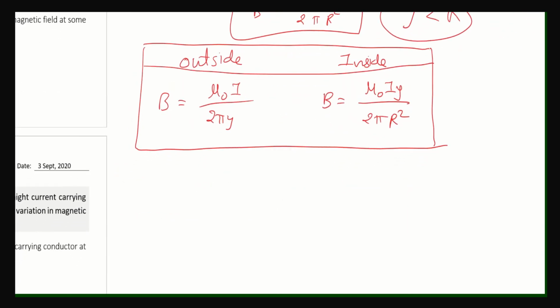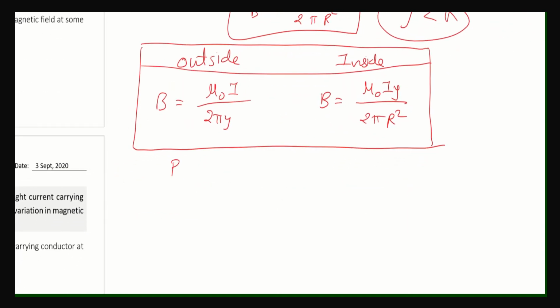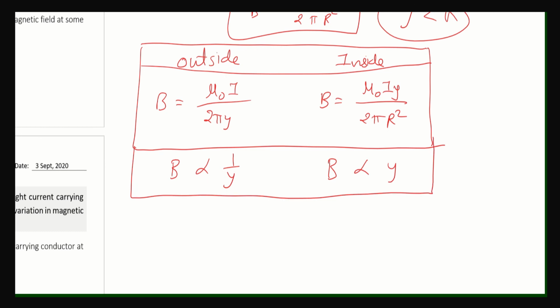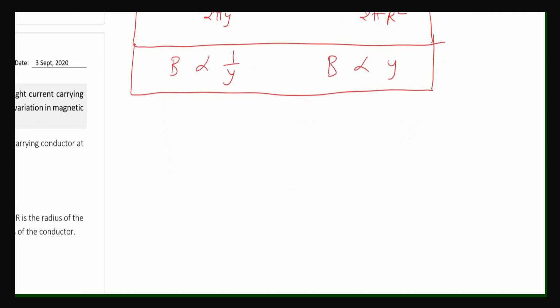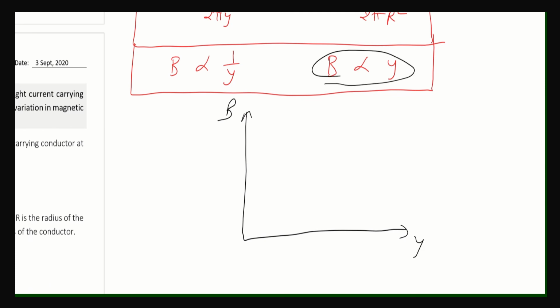So I can say that when you are outside, B is proportional to 1 by y, and when you are inside, B is proportional to y, that is the distance from the axis. So if I have to plot the graph of B versus y, what should be the nature of the graph? This is the relation inside.